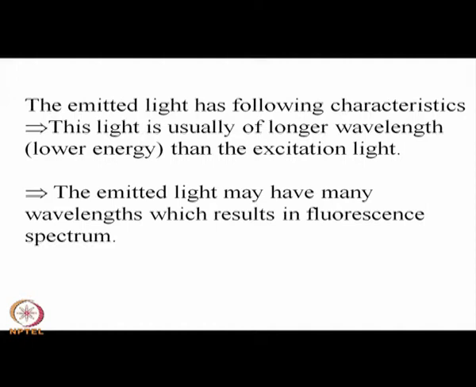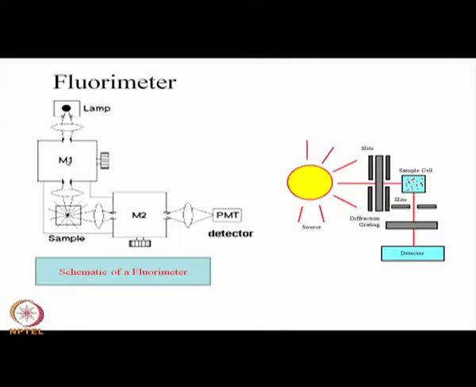Next, the emitted light may have many wavelengths which results in a fluorescence spectrum. As I told you, the first monochromator sends a particular frequency to this sample, and after getting this excitation, the excited molecule may emit not only a single wavelength, but in most cases multiple wavelengths.